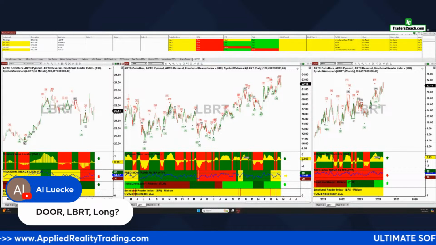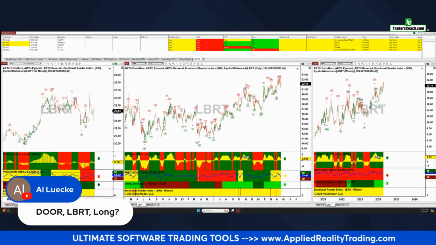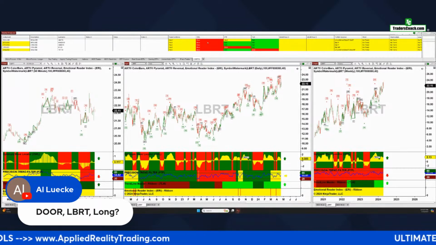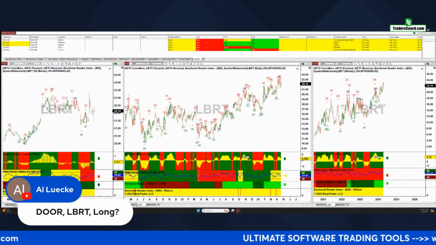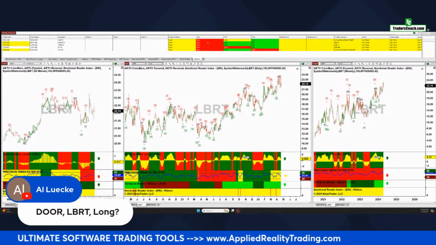All right, let's see what else. Okay, I think I got them all. God, you guys are great, man. But it's kind of interesting. The only one we found so far today was HRMY to the short side, right? So it looks like we're not finding any long ones, which is kind of also interesting and telling a little bit.